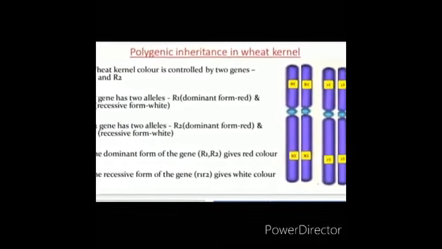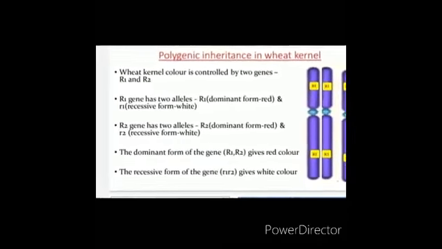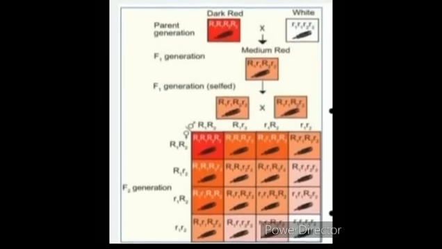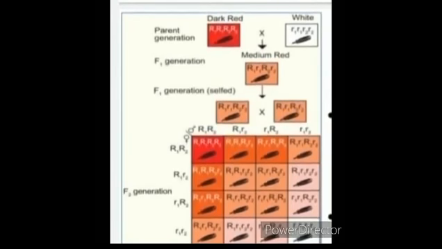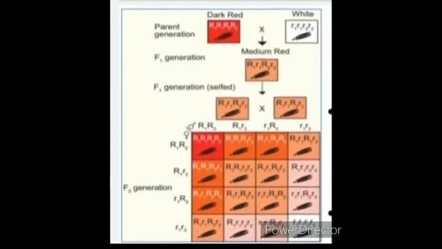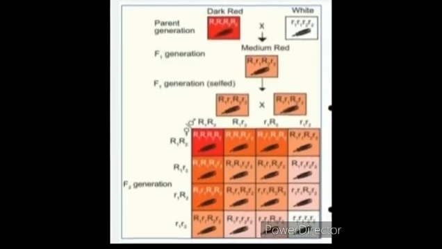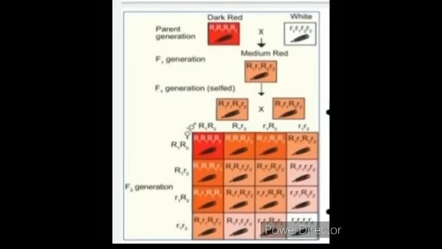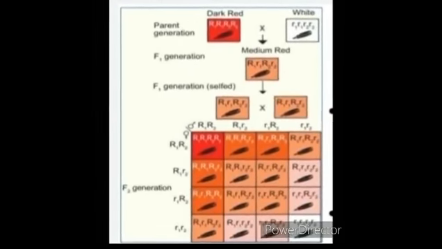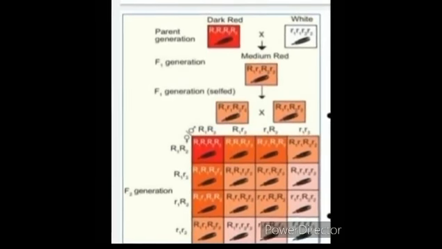Dark red genotype: capital R1, capital R1, capital R2, capital R2. White genotype: small r1, small r1, small r2, small r2. From this, gametes are segregated.